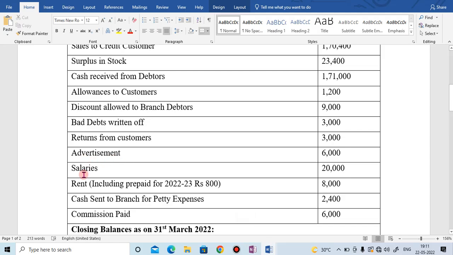Next, advertisement, salary, rent. These are all expenses. Okay, so it will come in branch expenses account. Advertisement 6000 rupees, salary 20,000, rent 8,000, and rent is having adjustment, that is including prepaid for next financial year, that is 2022 to 2023.